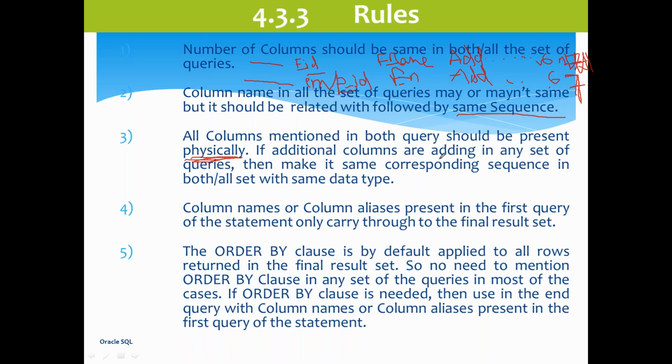If additional columns are added in any set of queries, then make them in the same corresponding sequence in all sets with the same data type. So data type is also one point, it will be the same correspondingly. So if the first column data type is number, then the first column in the second table will also be number.